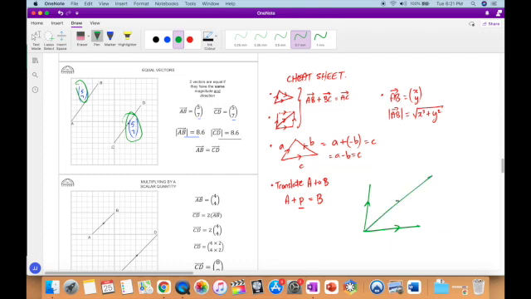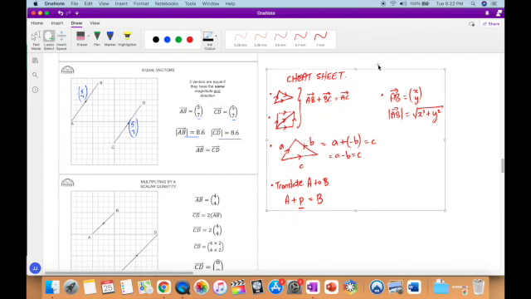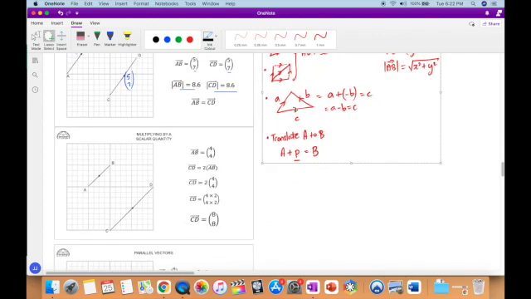When I have a resultant and I complete a parallelogram, this vector is actually equal to this one, and this vector is actually equal to this one. So the concept of equal vectors is the whole reason why the parallelogram law does work, right? So I'm not going to put equal vectors on my cheat sheet, but it is a very important thing. So we might want to keep a little bit of a memory on that one, right?